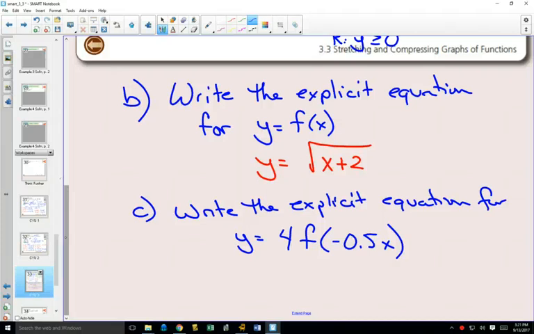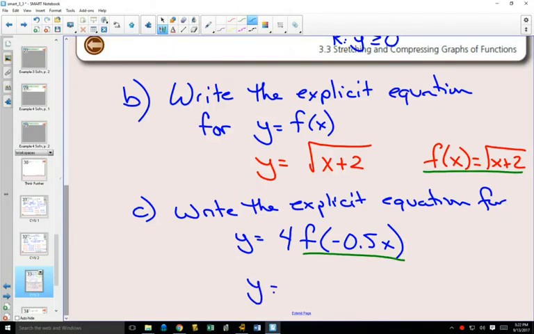Again, we have to know how to work with our function notation. F of x, our original graph, was the square root of x plus 2. That 4 out in front, anything that happens outside of the function just stays a 4 out in front.